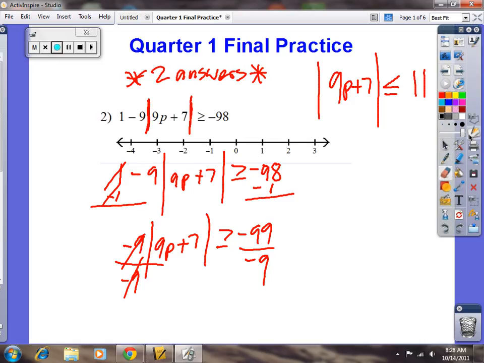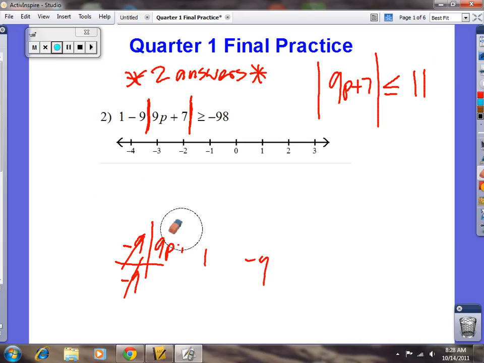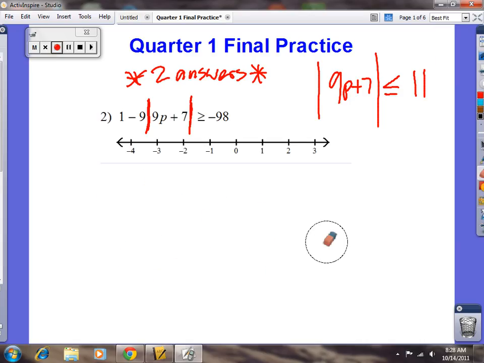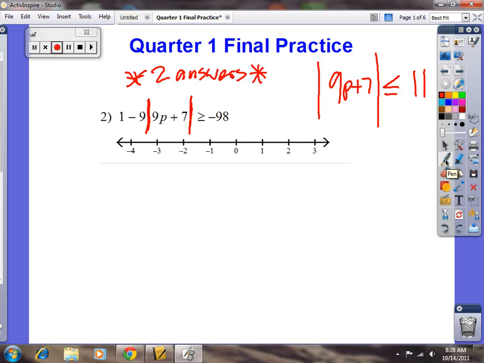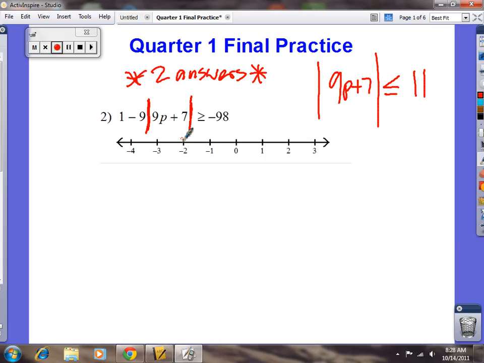Okay, let me erase all this stuff. So step number 1, get the absolute value bars all by themselves. That's what we've got. If we keep going, this is going to give us one of two answers. So let's keep going. You got to get p out by itself.